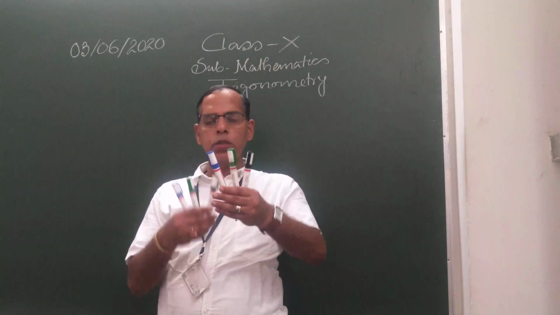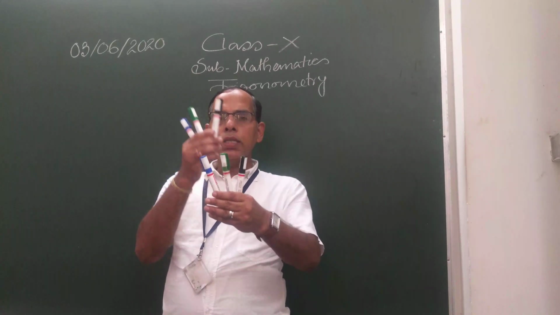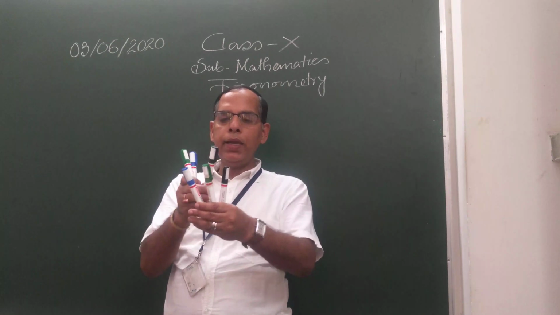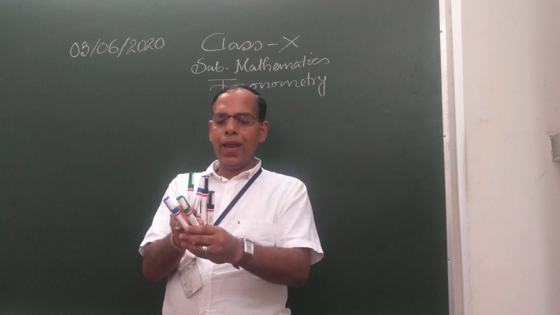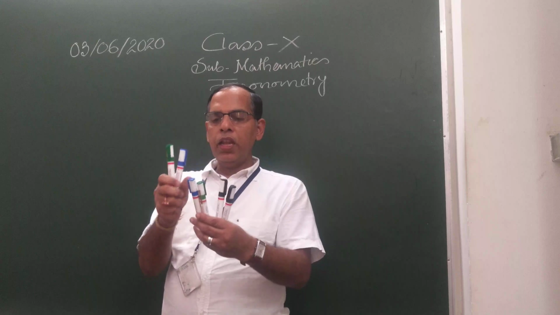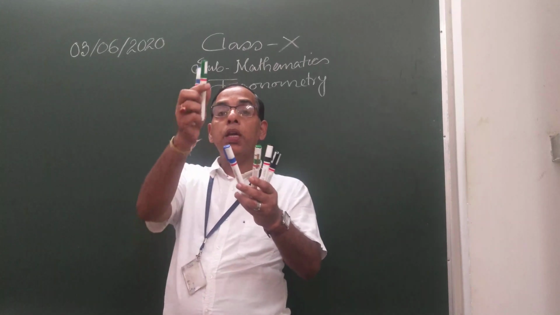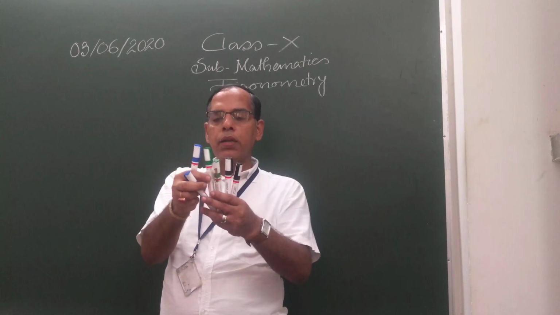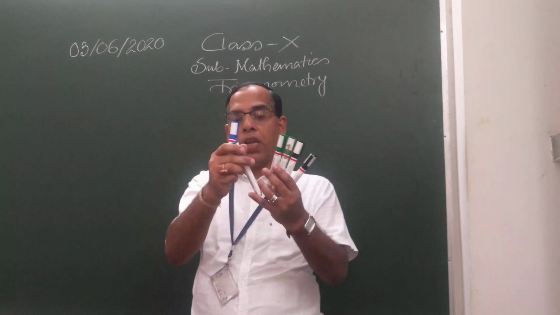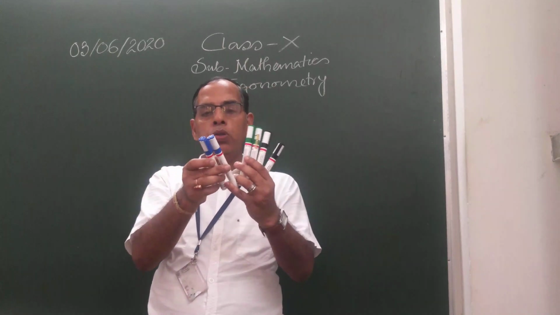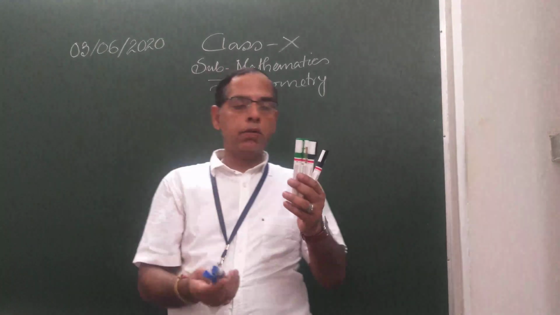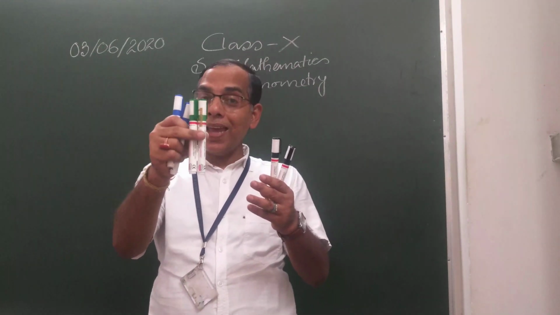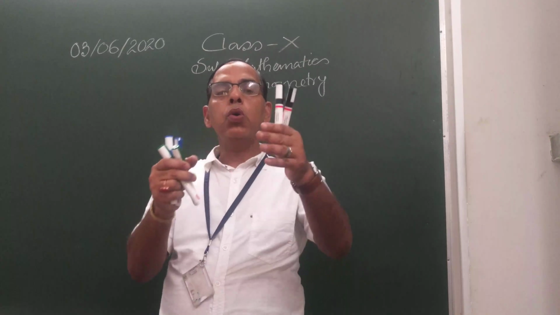The reciprocal of sine is cosec, so sine and cosec are 2. Then the reciprocal of cos is sec, so these are another 2. And if it is tan, then it is cot. So this is 2. Tan cot, sec cos, sine cosec.